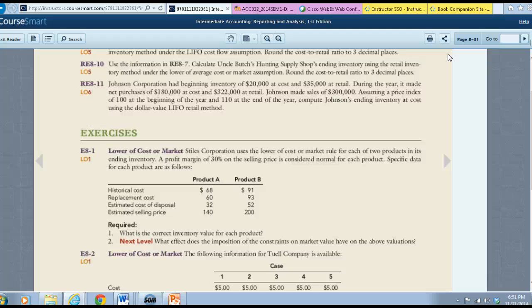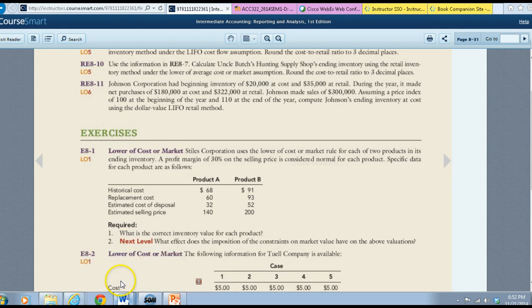Then we've got product B, the cost of 91, the replacement cost of 93, the estimated cost of disposal, 52, and the estimated selling price is 200. So basically, we're going to create the various levels to show what should be the correct inventory value for each product.